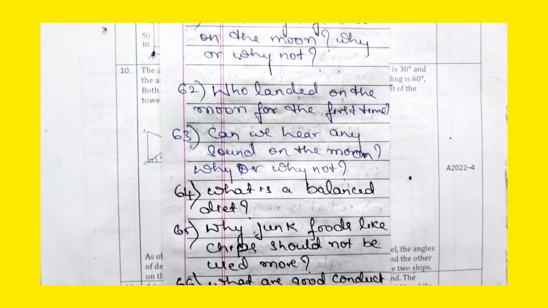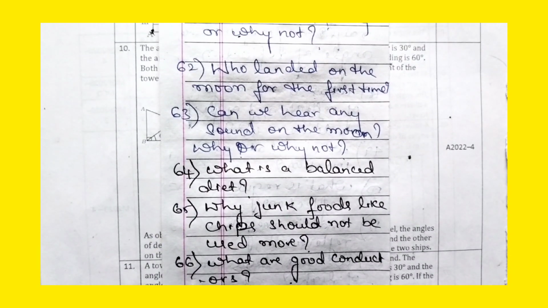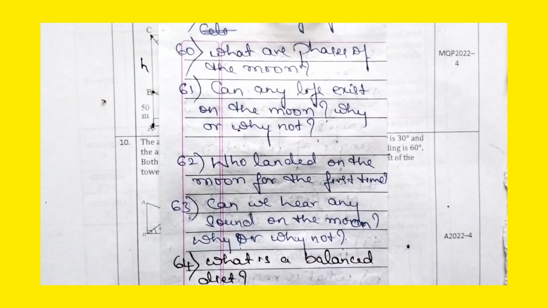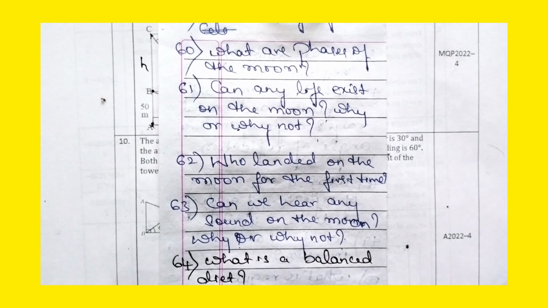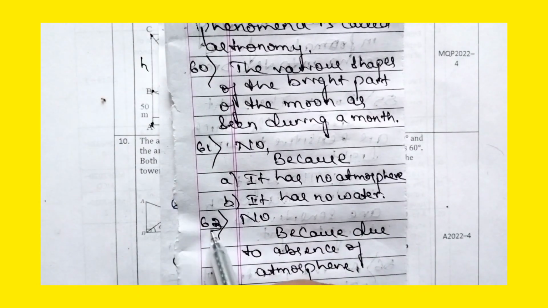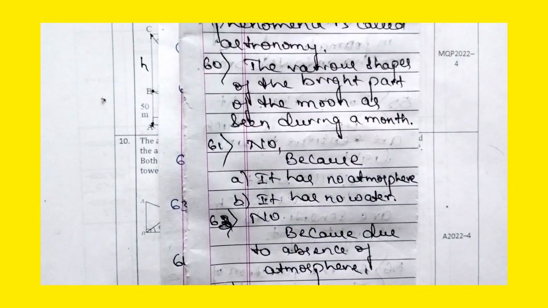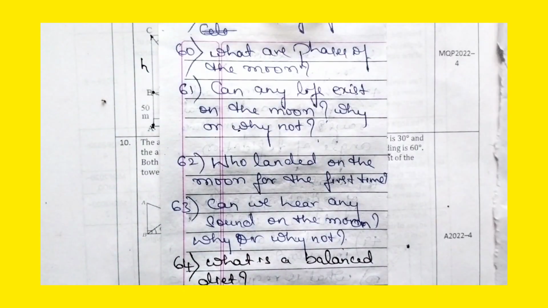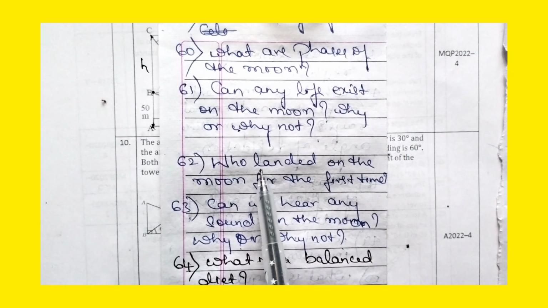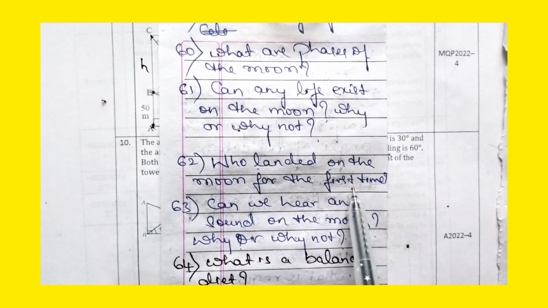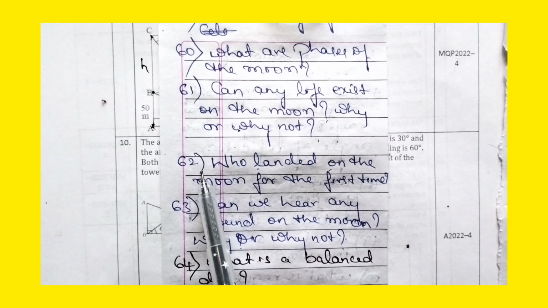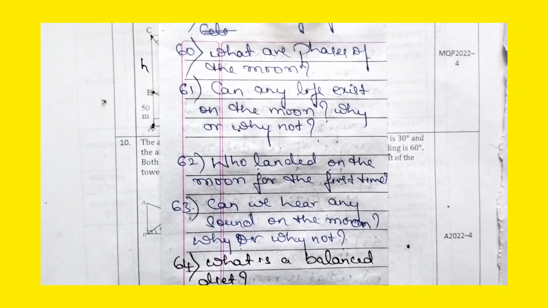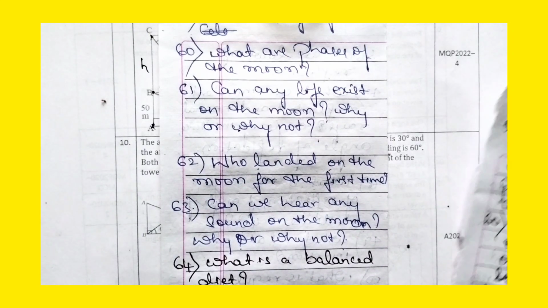Then coming to 63rd question. Sorry, I have skipped one. This is the one I should have said first: who landed on the moon for the first time. This is the 62nd; what I answered was the 63rd. Now I am going to answer the 62nd.